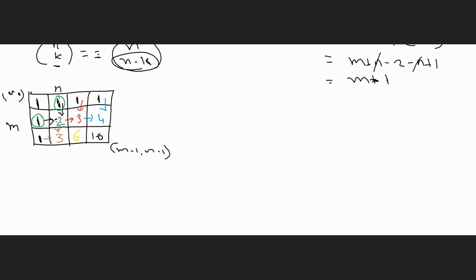Okay. So if we do a recursive formulation, what is our base case? So this is our base case. If m is equal to 0, so if it's the first column, or n is equal to 0, if it's the first row, then we return 1.